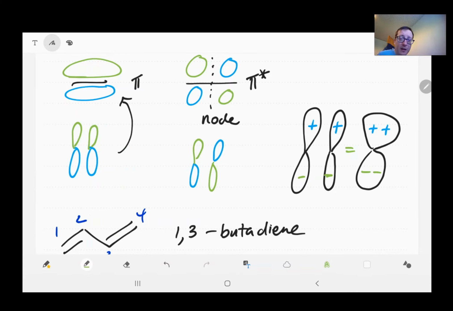And this is all mathematical statistics, fun, good stuff. Suffice it to say that for purposes of what we need to know here, we just want the same portion of the orbital on different orbitals, the same spot of it, to interact together. And that's going to make things happy.